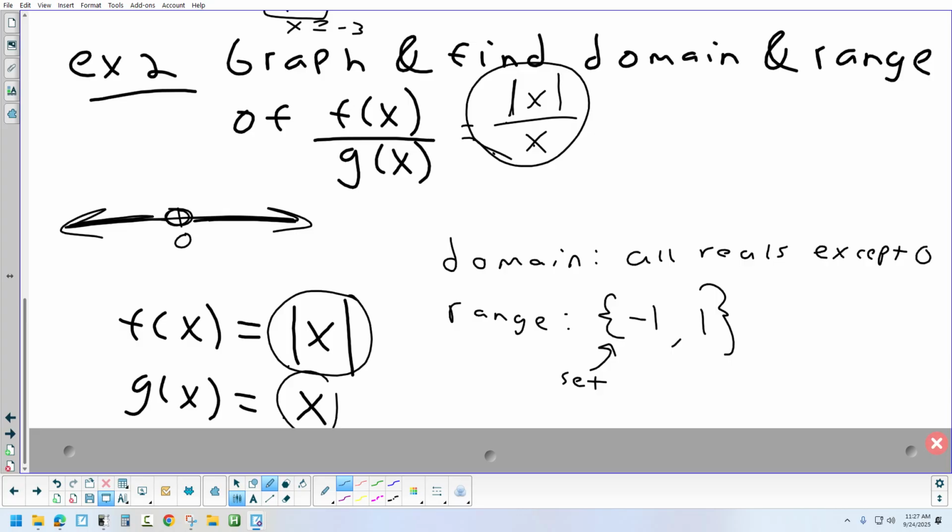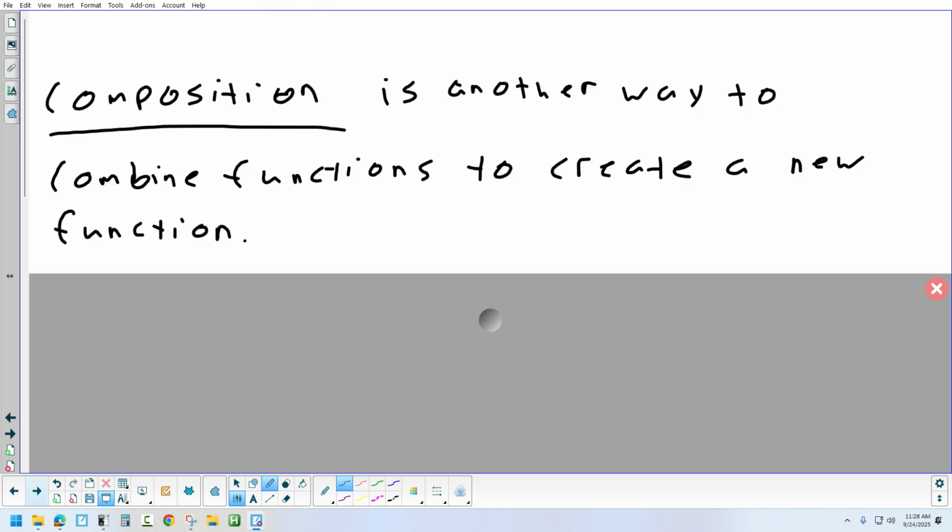Any question on the domain or range of that one? All right, so that's combining functions with division. We did some addition. Let's look at the last way we can combine functions, which is to compose them.